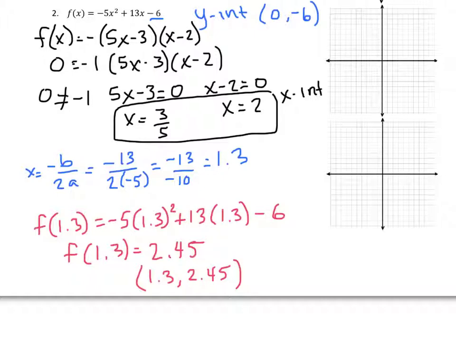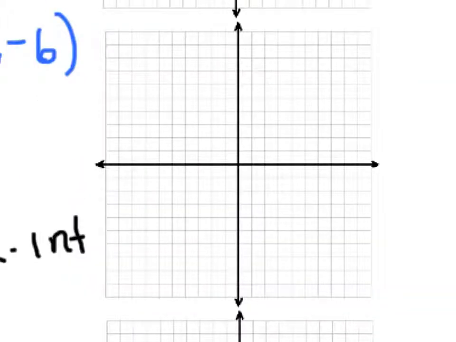Alright, let's go ahead and graph this. So we're on the top graph here. Our y-intercept was at negative 6. Our x-intercepts were at, I'm sorry, not at 1.3, that's where our maximum is.